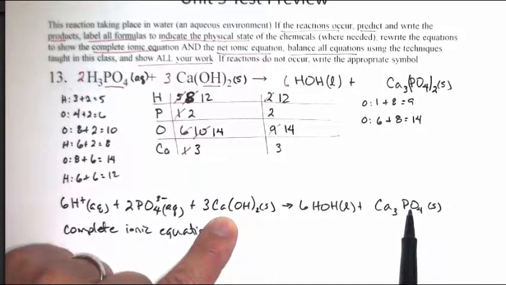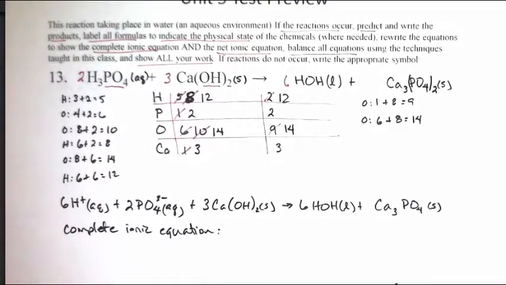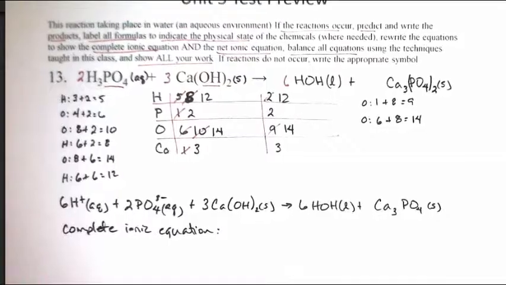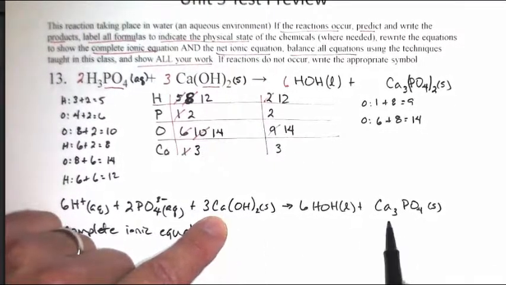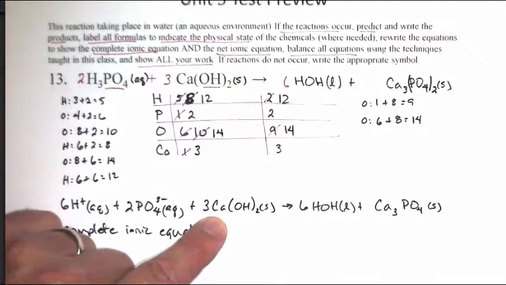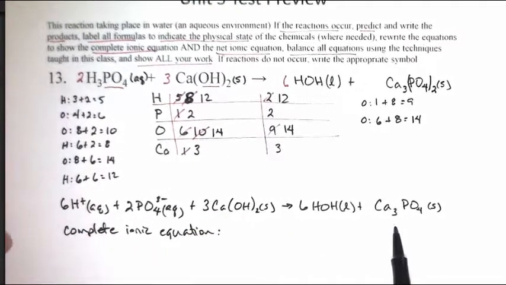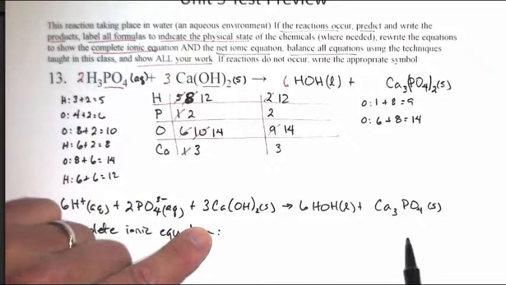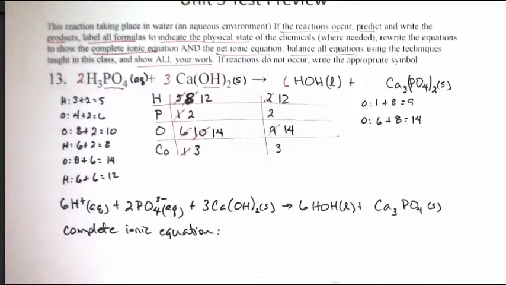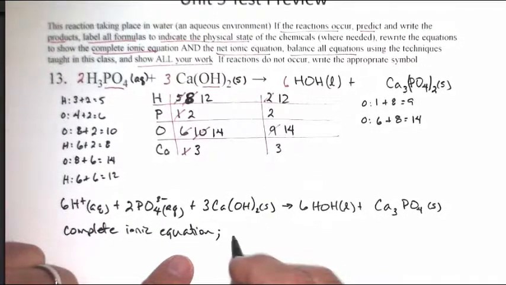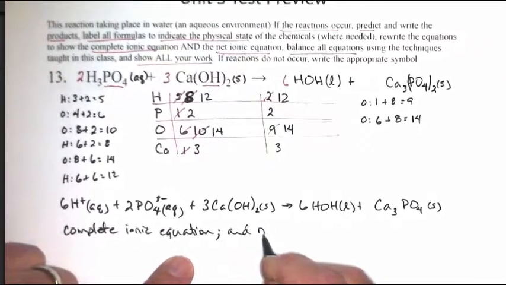Nothing changed. I mean, nothing stayed the same. Everything changed, right? This calcium, yes, it's a solid here and a solid here, but it's a different solid. That makes sense? So it changed from this solid to this solid, right? Nothing stayed the same. In this case, this is both the complete and the net ionic equation.